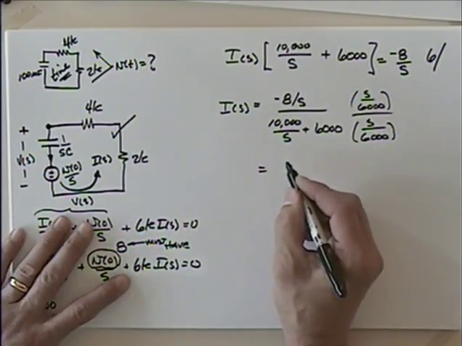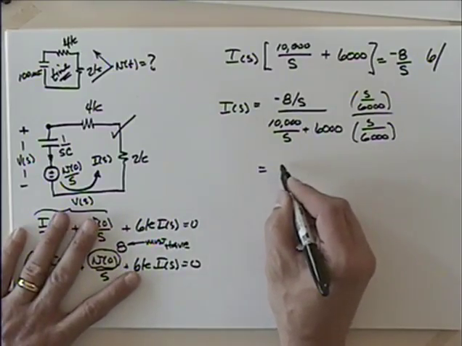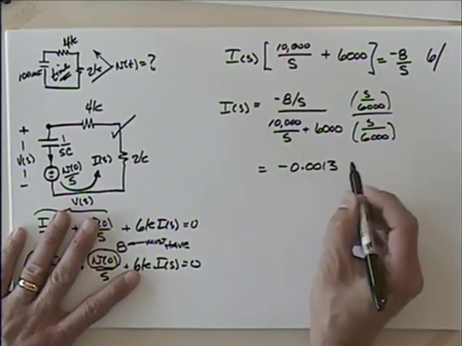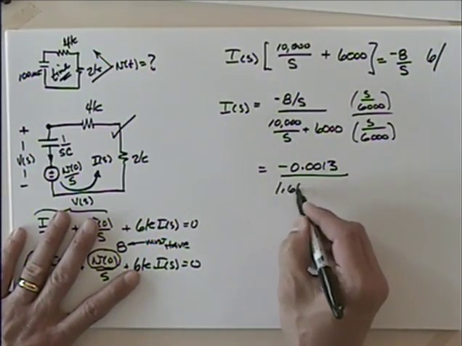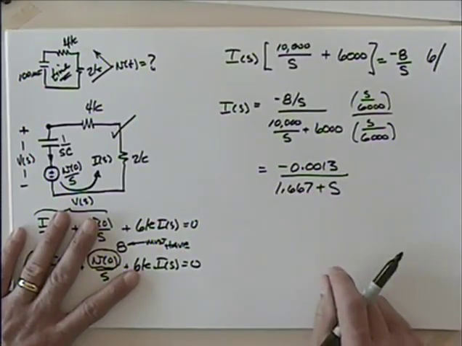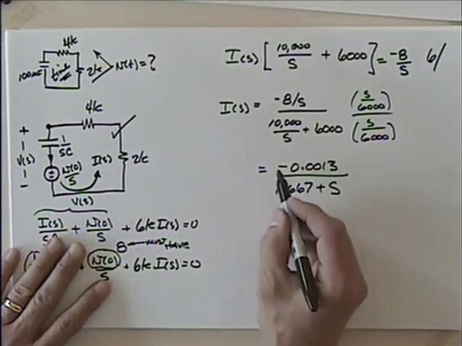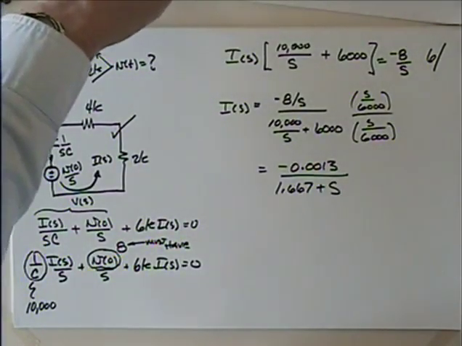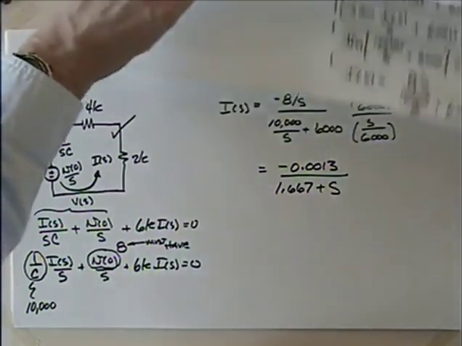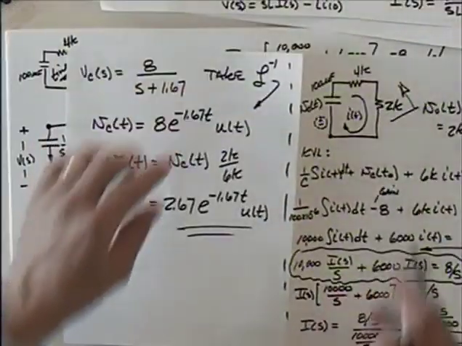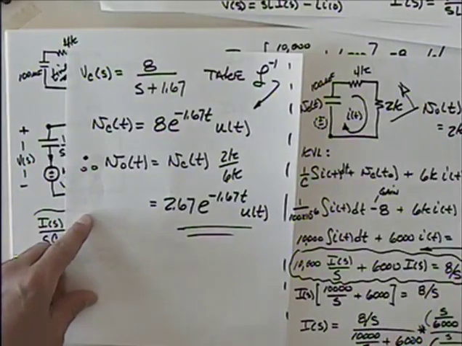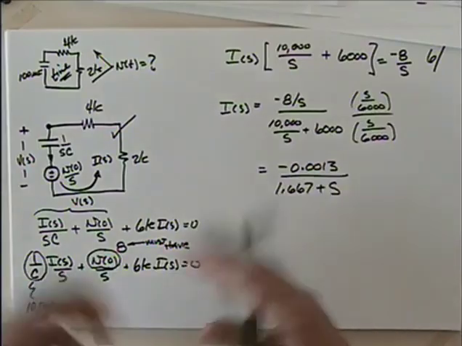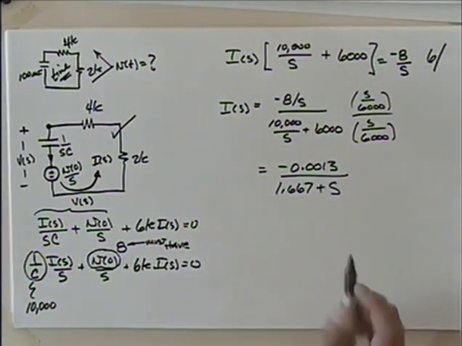So I come up with minus 0.0013 divided by 1.667 plus S, right? And I say, hey, this has a negative sign in it. The last time we did this dealing with the current, we didn't have a negative sign, did we? Where was that? Well, that was this one here, wasn't it? But which direction was this current going? That was going clockwise. Which direction is our current on this one going? Counterclockwise. So we would expect that difference.